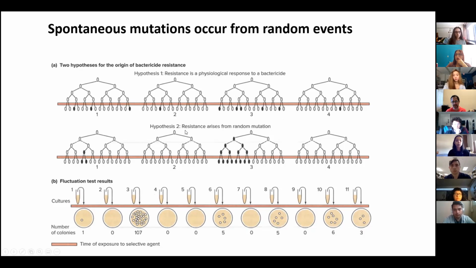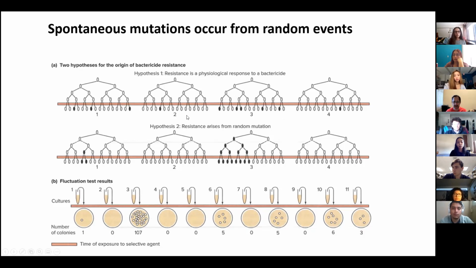If the other hypothesis is true, then some of the bacteria will have mutations that render them resistant, and we will see different numbers of colonies. That is what they observed: in each plate, different numbers of resistant colonies. The conclusion of that experiment was that the mutations appear randomly and are not a response to the antibiotic.